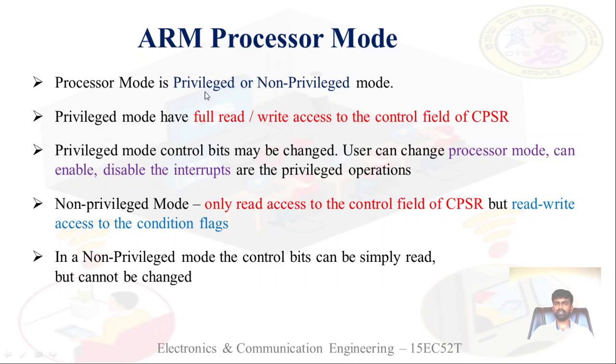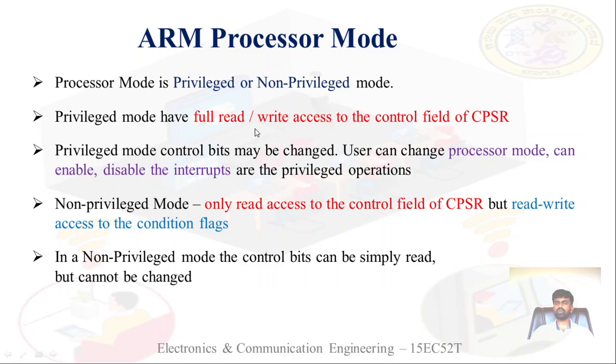One is privileged mode, another one is non-privileged mode. Privileged modes have full read and write access to the control field of the CPSR. Do you remember the control field of the CPSR? It is an 8-bit field.